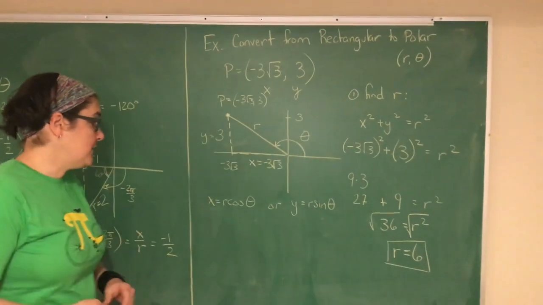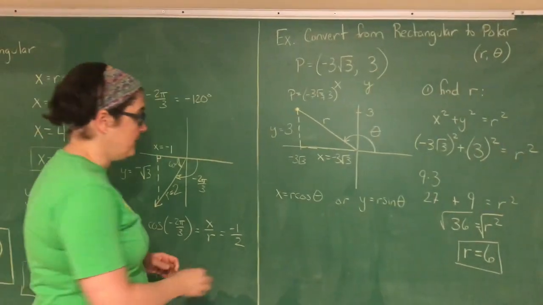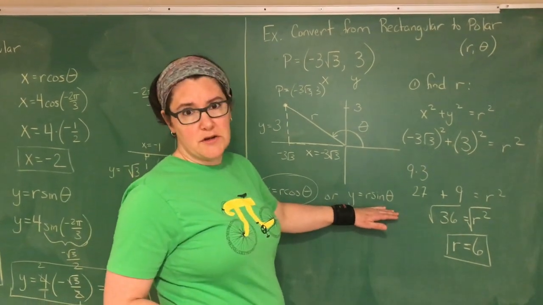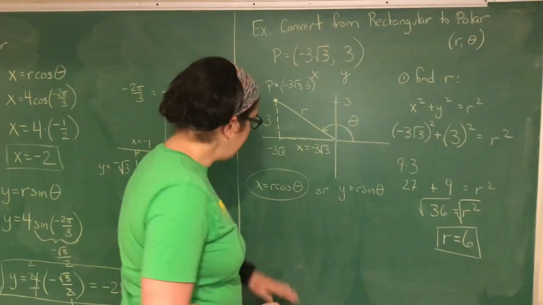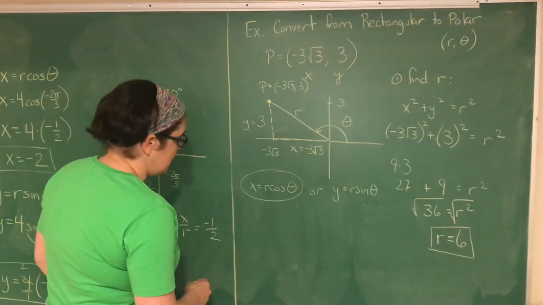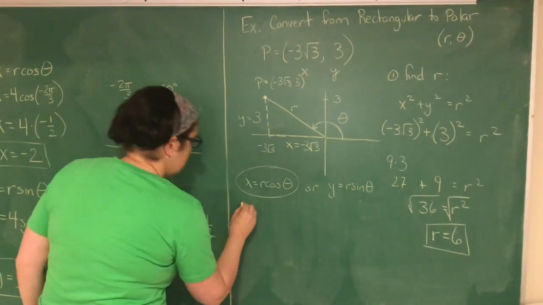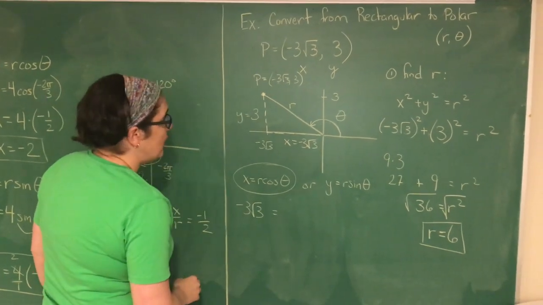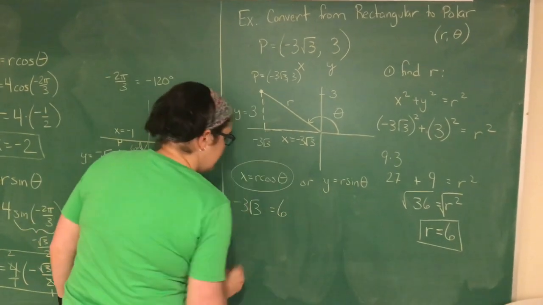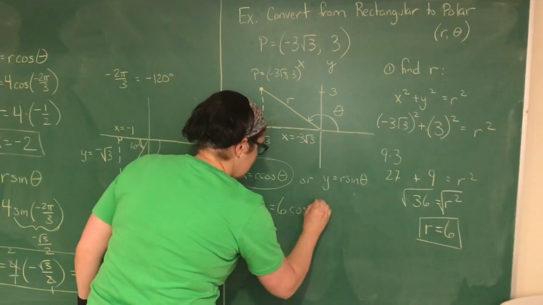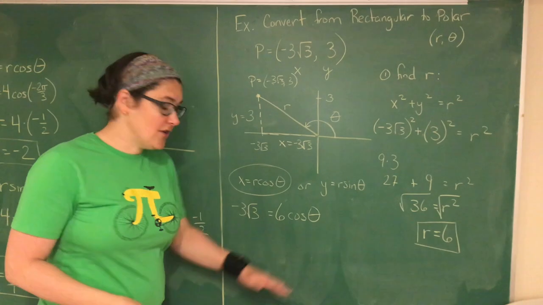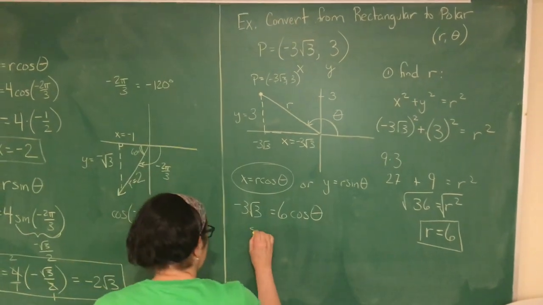So maybe I'll go with this first one, x equals r cosine of theta. Again, you can choose x or y equals r sine theta and work with that one as well. But x equals r cosine theta, I know that my x value is negative 3 times the square root of 3. My r value is 6, and then we have cosine of theta. And our job is to solve this equation for theta.